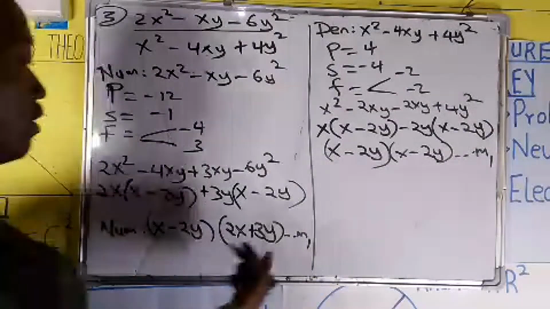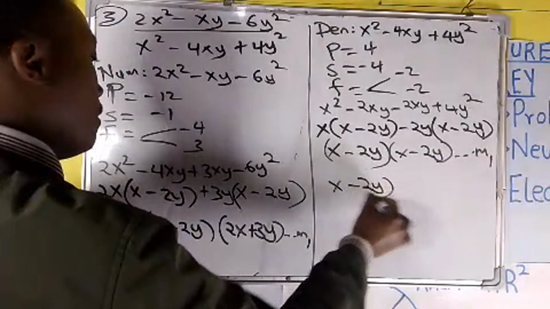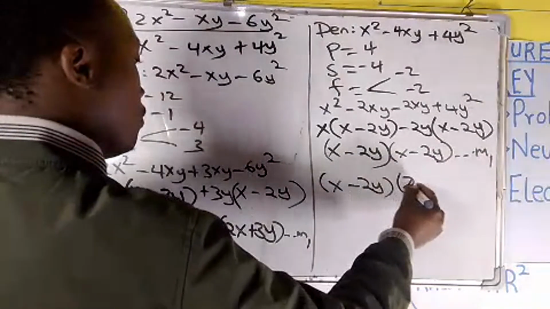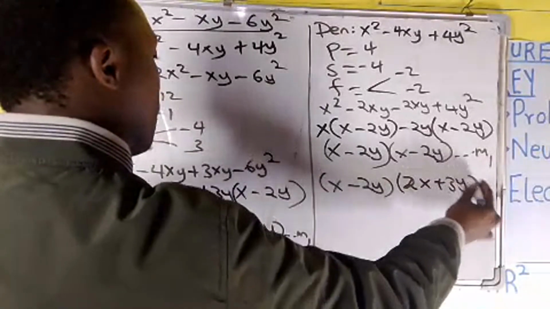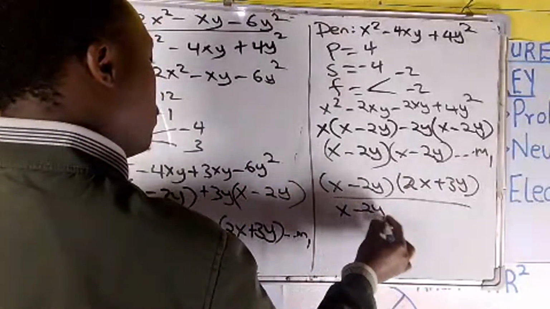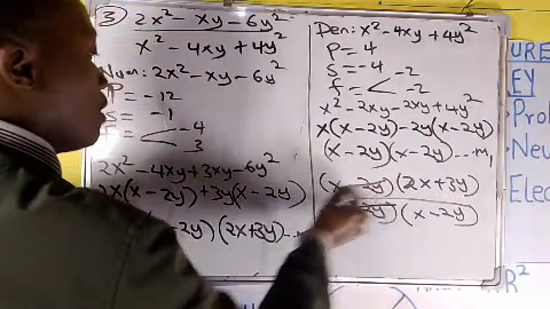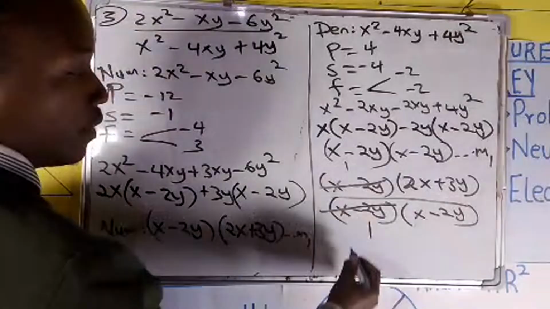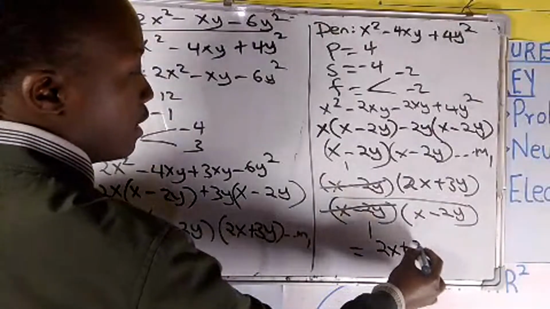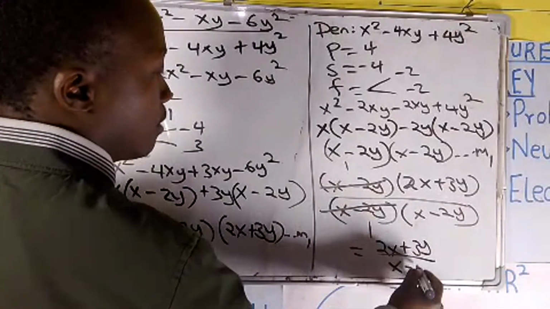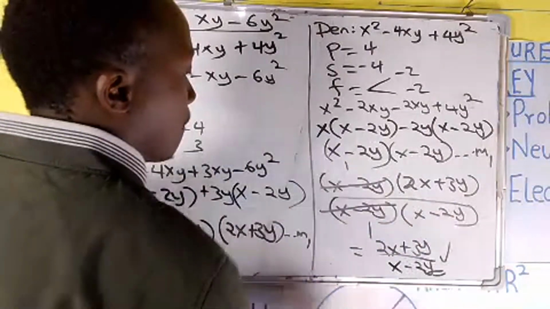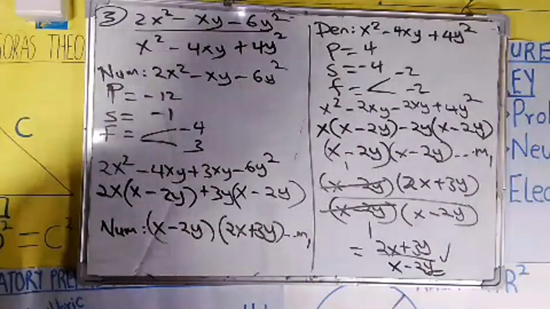So with that we can now divide x minus 2y, 2x plus 3y, x minus 2y, x minus 2y. So that will cancel with that, and we will be left with 2x plus 3y over x minus 2y.